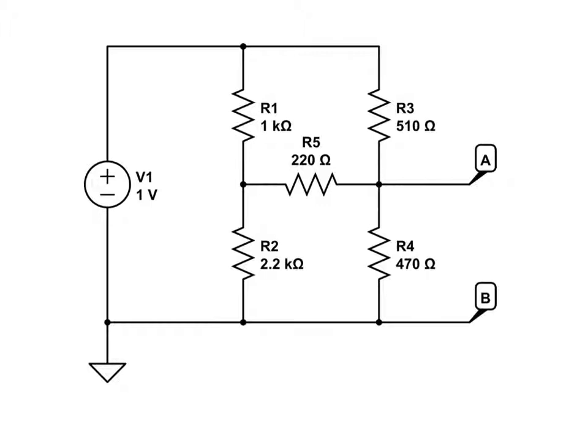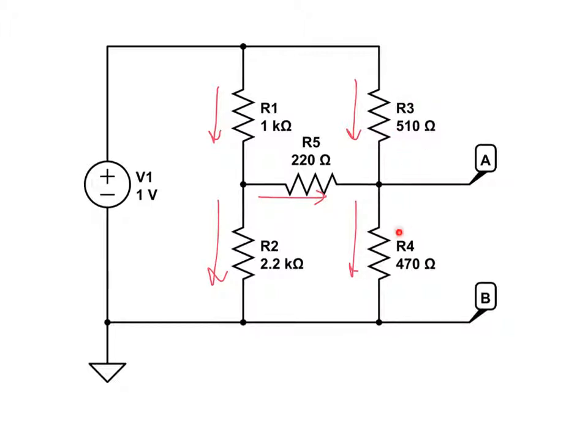Similarly, we cannot combine R1 and R2 or R3 and R4 in series because we have a potential location for current flow to move through this resistor R5. Therefore, R1 and R2 will not necessarily share the same current and are therefore not in series.